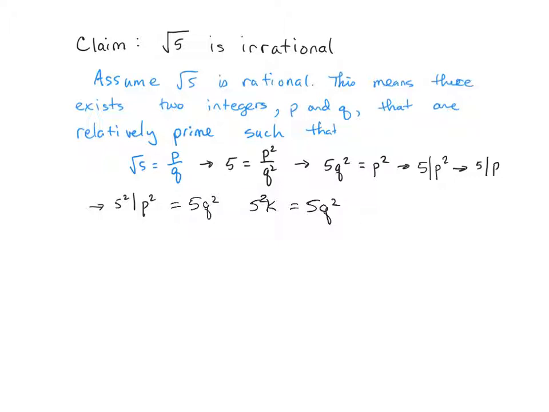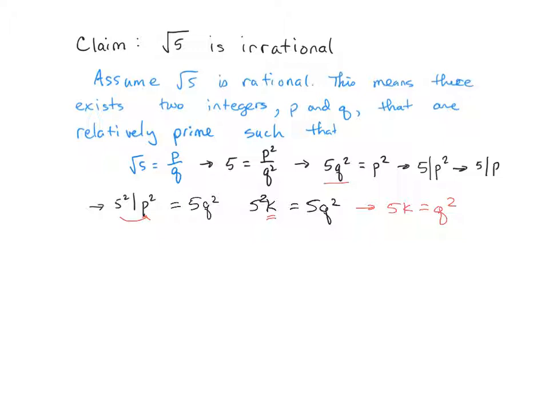Okay, so let me say that again. Since 5 squared divides p squared, and we know that p squared is equal to 5q squared, we know that it also divides 5q squared. So there's some integer k that allows us to say that. But the next step, if you notice, is that I'm going to go ahead and divide both sides by 5 here, and I get that 5k equals q squared.